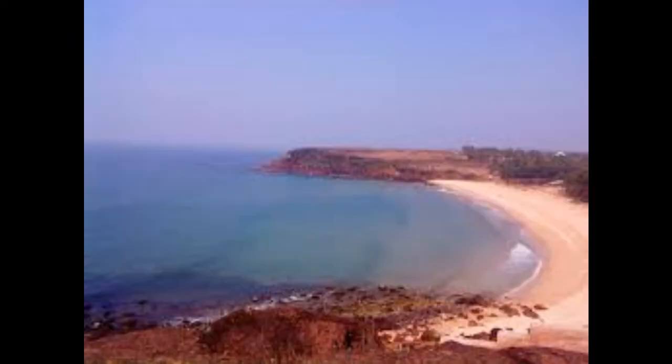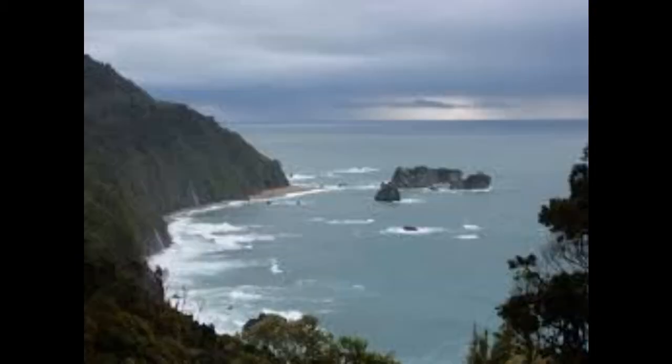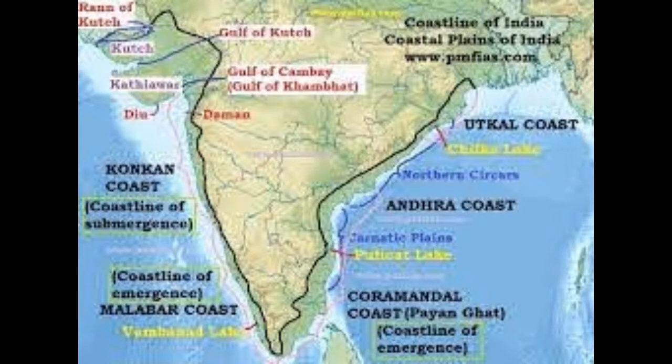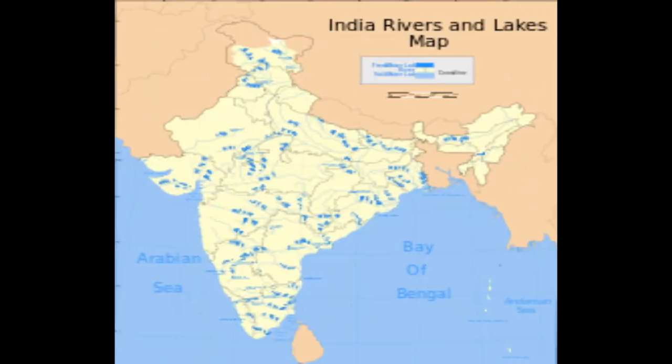The west coast is uneven, broken and hilly, and the east coast is quite the opposite. Look at the map again. The west coast is narrower than the east coast. You will get almost every point from the map.